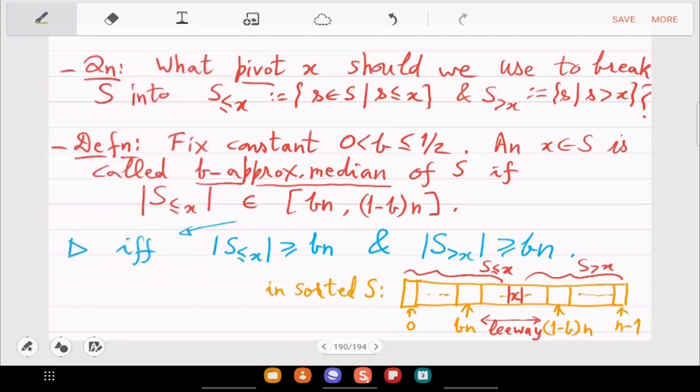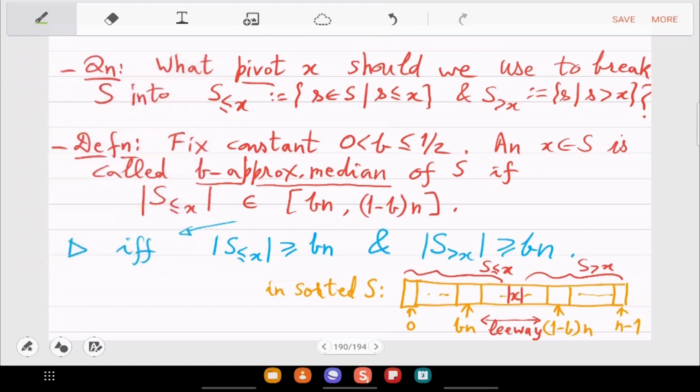In other words, the number of elements smaller than x is in the range bn to (1 minus b) times n. I think b in our case will be 30%, we will see. So the range is basically 30% to 70%. That's the leeway for your approximate median.